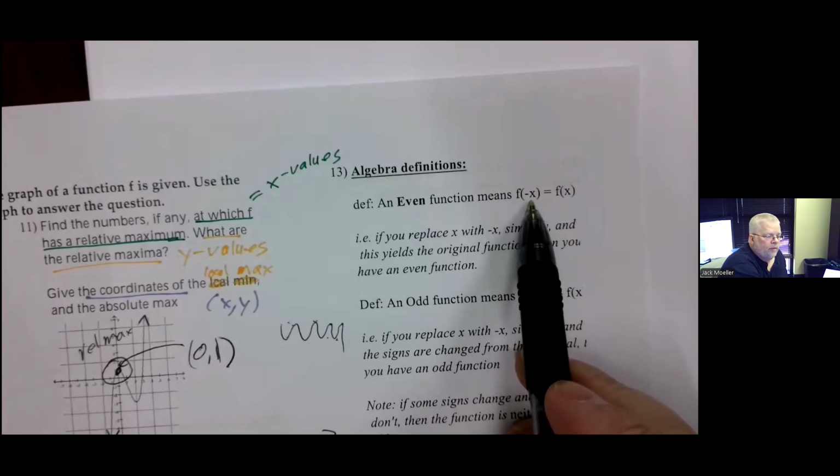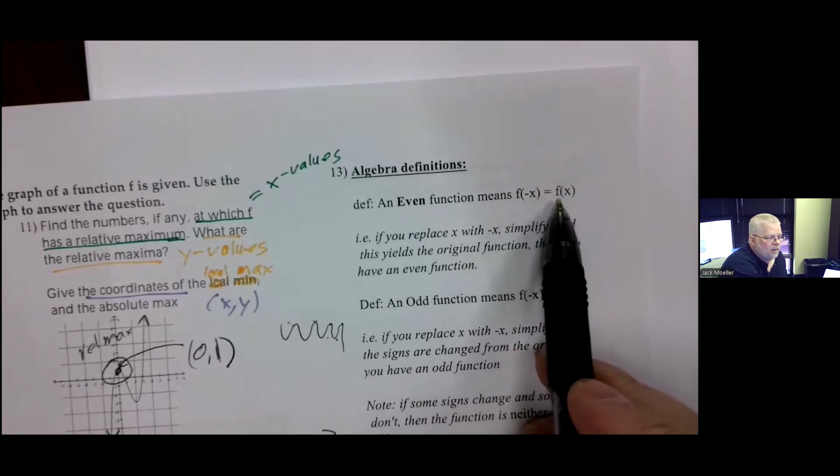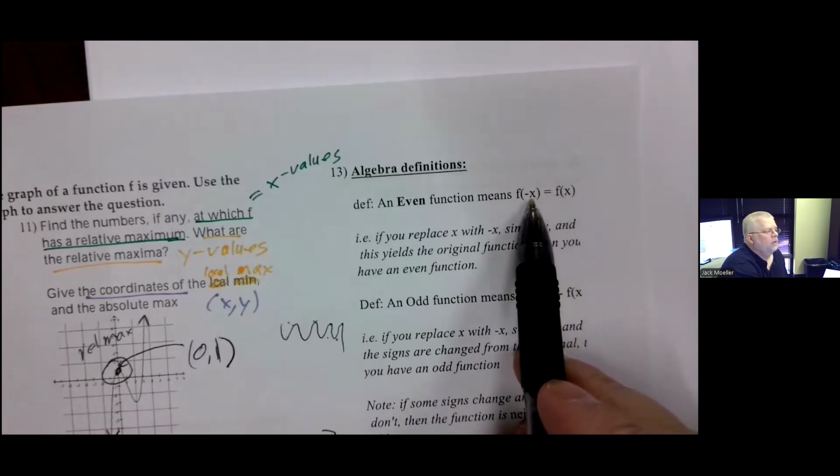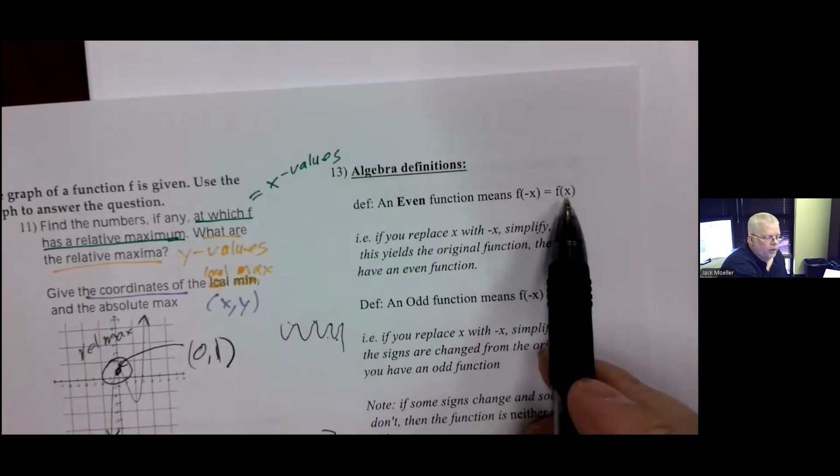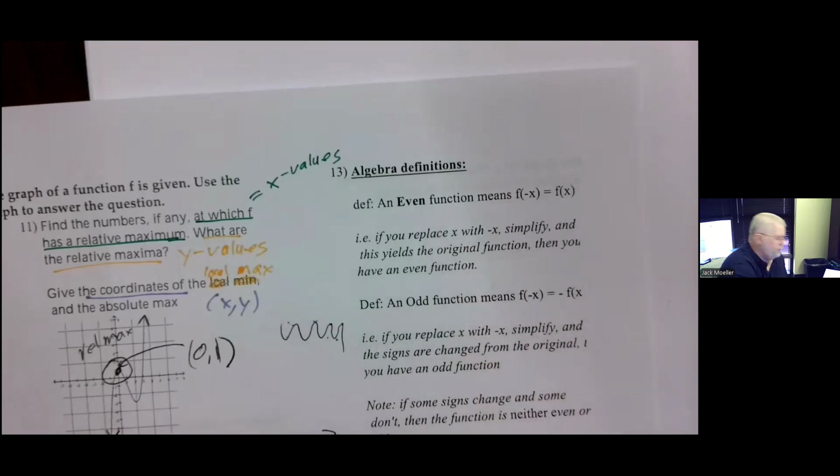It means that in your function, in your equation, you're going to replace all your x's with negative x. When it says that's equal to f of x, what that means is after you plug in negative x and clean it up, you should get the exact same thing that you started with. We're going to do examples on this, but this is the algebra way we find even and odd. We plug in negative x, clean it up, and see what we end up with. If we get exactly what we started with, it's even.